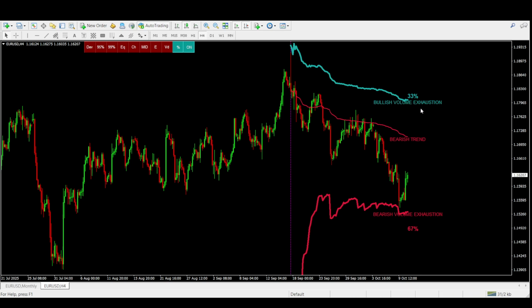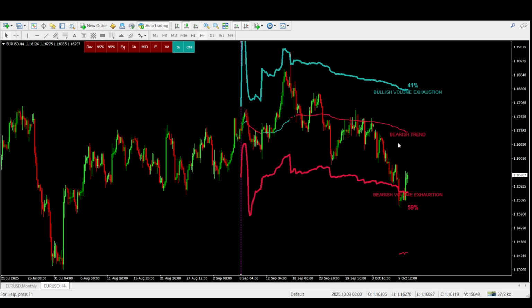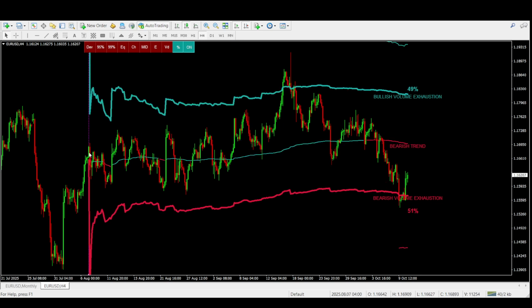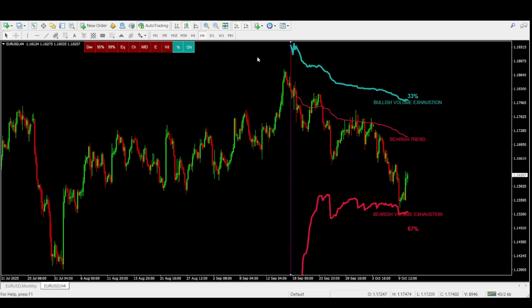It is visible by naked eye that this channel, defined by the trend line and the volume exhaustion line, is less than the other one, but in some cases you can measure exactly the figures, the ratio between the bullish and the bearish channel. This is the first button.